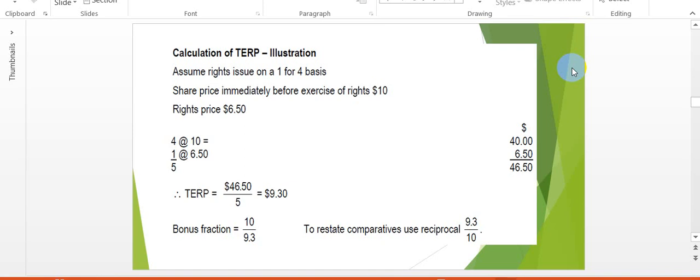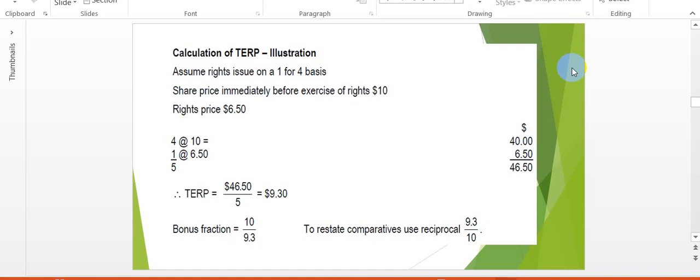The rights issue price is 6.50. So you can see that there's a discount there. The shares are trading at 10, but they're being offered to the shareholders at 6.5.